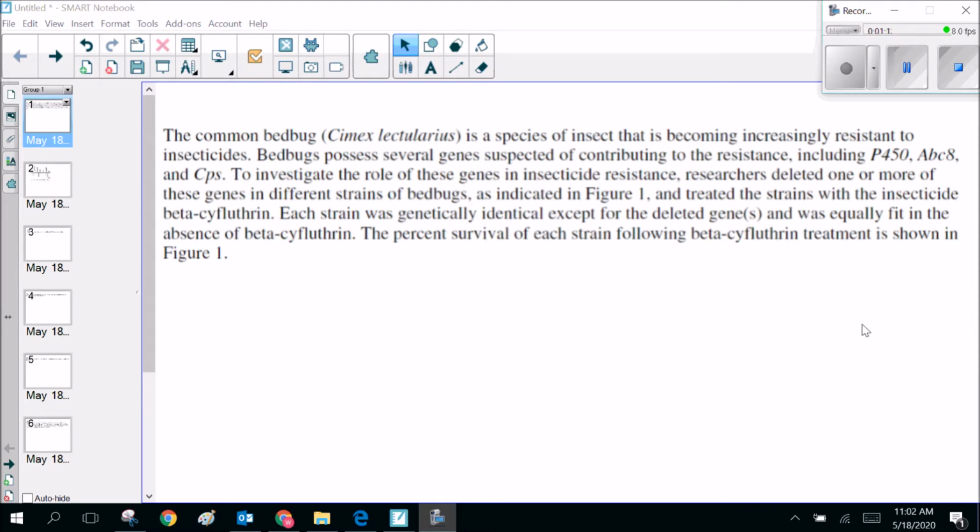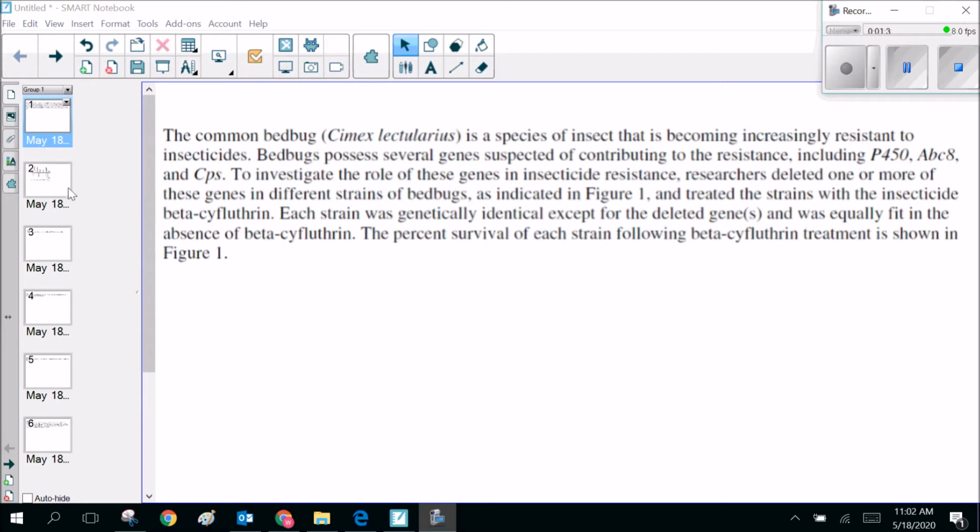Now, every FRQ that you're going to see, or most FRQs you're going to see, are going to have some sort of introductory text. And the text is going to describe for you the context situation that the FRQ is based on. It's also going to give you some key details that will be important in answering the sections of the questions that come afterwards.